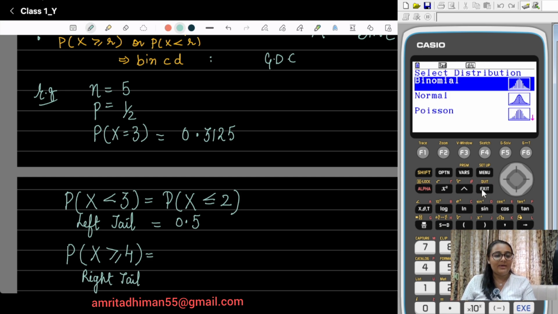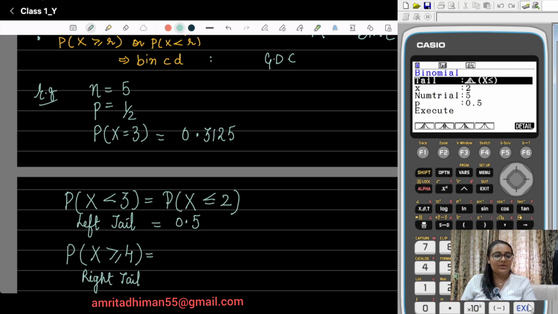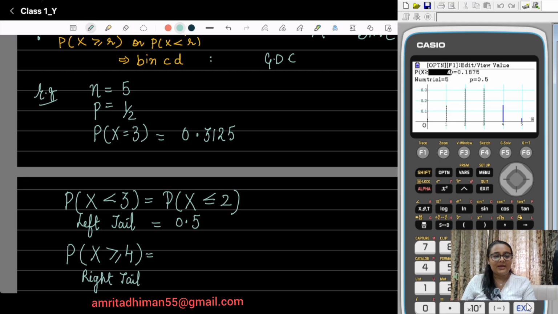Press exit, go back, and execute again. It's a right tail, so we choose the right tail, x will be 4, the number of trials is the same, and p is 0.5. I'm getting 0.1875, right? So it is very easy to find with GDC.